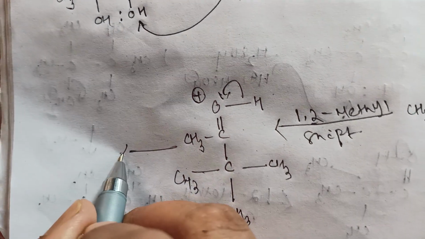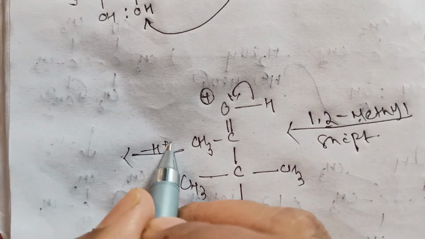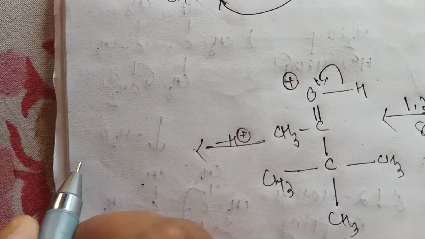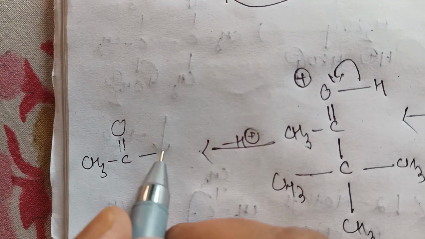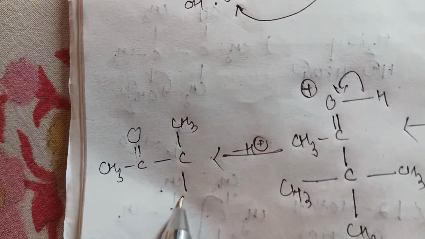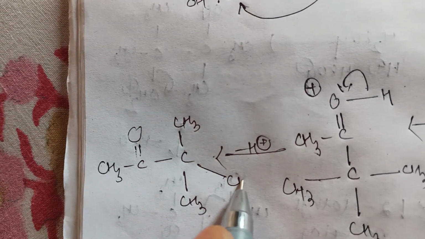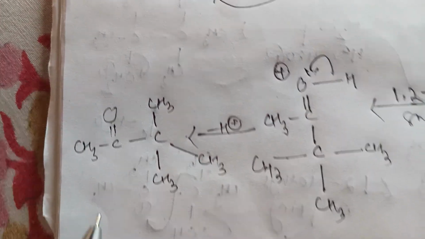And finally our product is formed, minus H plus. There is CH3, C double bond O, bond C, CH3, CH3, and here another CH3. This is called pinacolone.